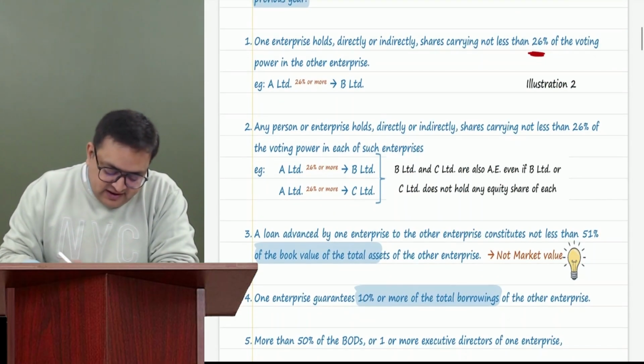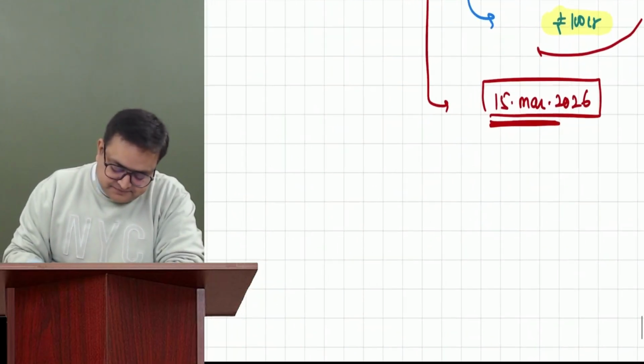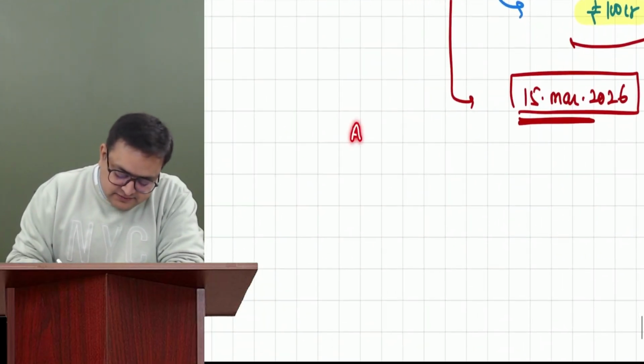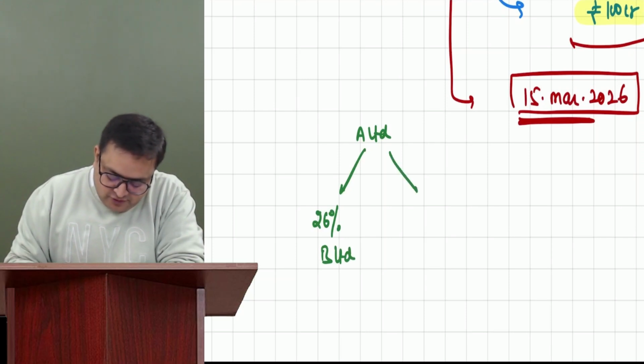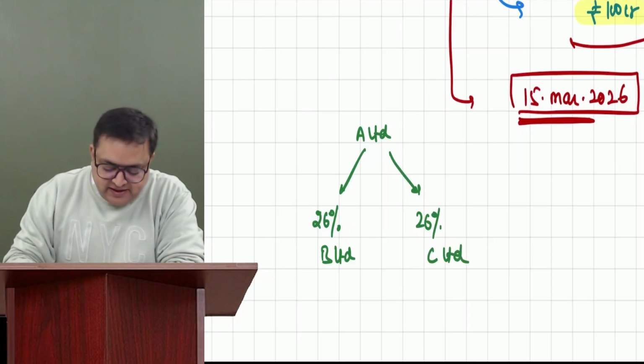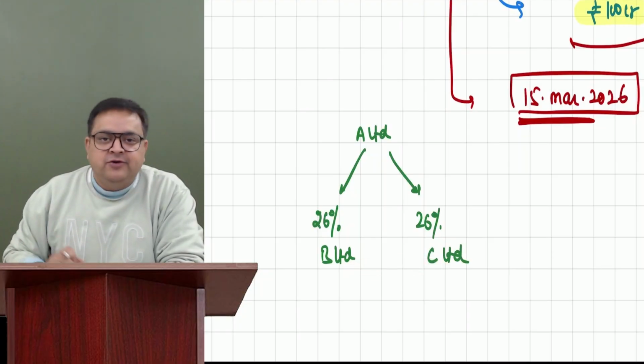Second is that if, let's say, A Limited is holding 26% or more in B Limited, and they are also holding 26% or more in C Limited, right? A is holding, but B and C are not holding equity of one another.